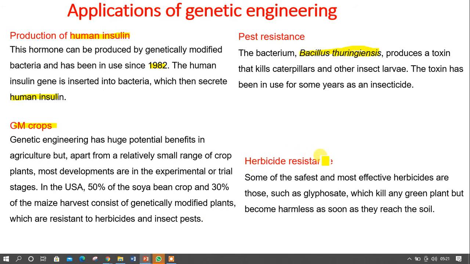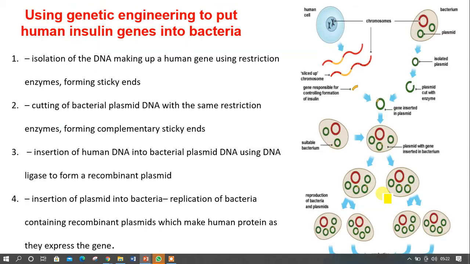Some of the safest and most effective herbicides are those such as glyphosate, which kill any green plant but become harmless as soon as they reach the soil. So these are ways in which genetic engineering has been applied in recent years.